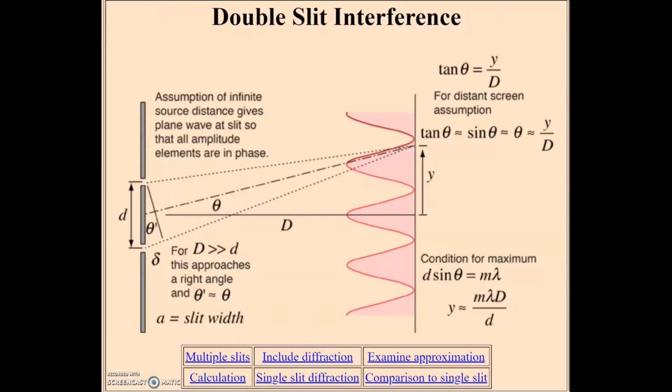Then you can find where a maximum is when d sine theta equals m lambda. What that means is that the distance between the sources times sine of the angle, which is equal to tan of the angle in this case, is equal to m times the wavelength. And m is just an integer, right?